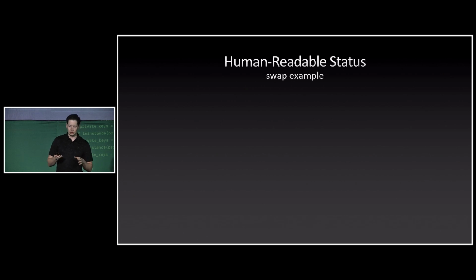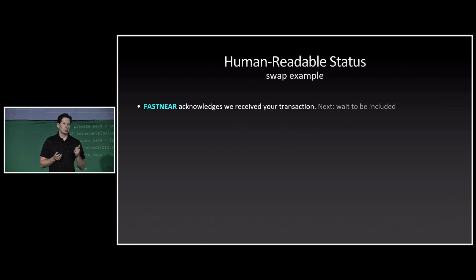As you know, that transaction takes about maybe 5 to 6 blocks, and the reason for this is it needs to go through multiple contracts. So the first status that you will get when you use our API is that we actually received your transaction. And we'll tell you, all right, here's the next status.